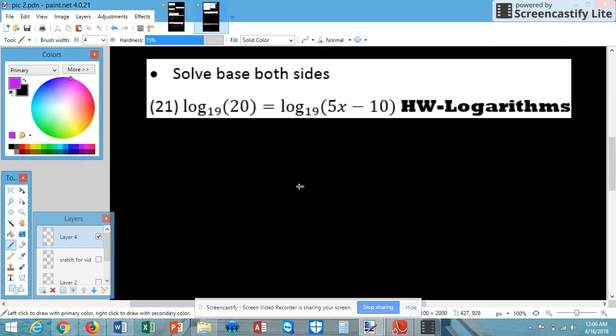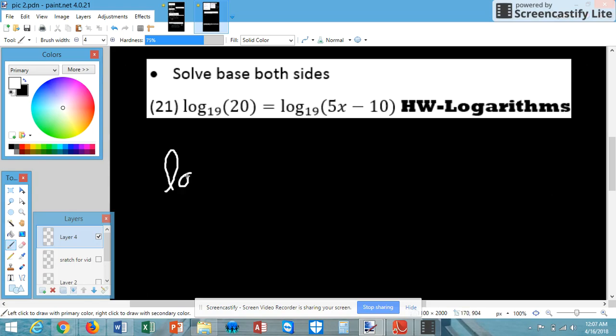Okay, and then number 21, we're going to be solving by basing both sides. So on number 21 of the same section, we have log base 19 of 20 equals log base 19 of 5x minus 10.